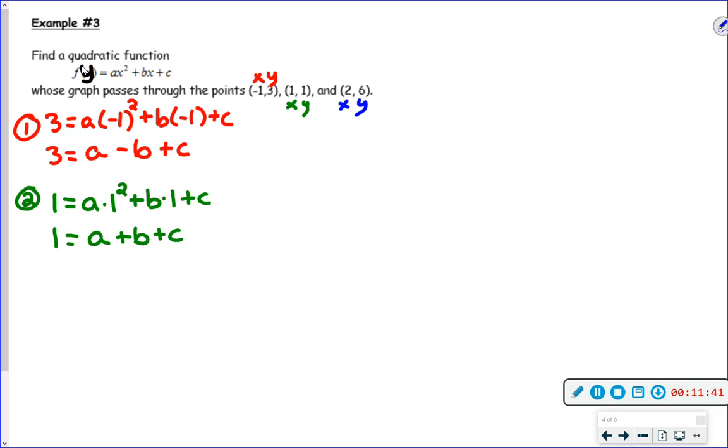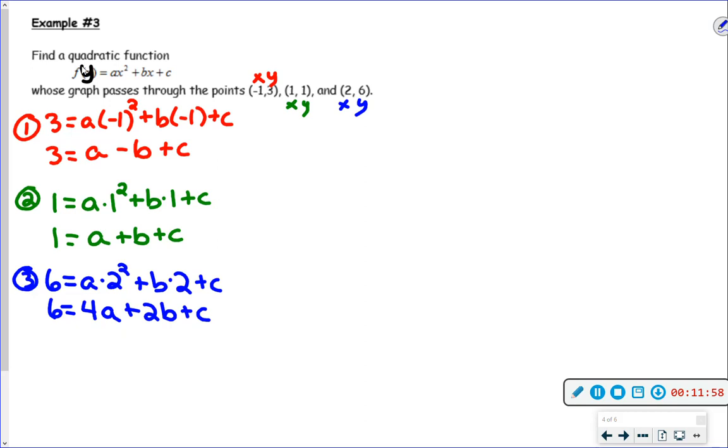So 6 for y, 2 in for x. So a times 2 squared, b times 2, and then c. Okay, let's simplify. 2 squared 4, 4 times a, b times 2, and then c. So again, I'm just going to section it off. There's my three equations. Now I'm going to work on solving that system.